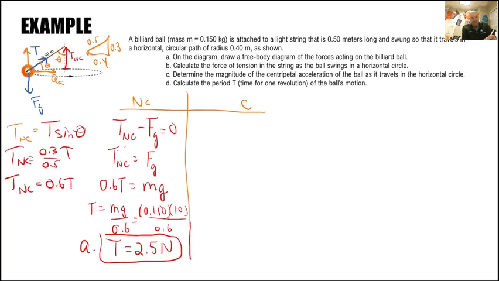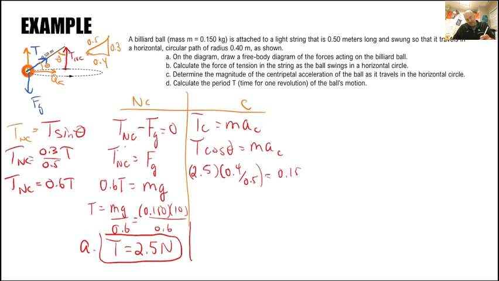Now part B, we got to go over to the circular side, okay? So it wants us to determine the magnitude of the centripetal acceleration. So here we're going to say T circular, and note that is the only force that is acting, equals m a_c. So T cosine theta is going to equal m a_c. Well, we found that T is 2.5. Cosine is 0.4 divided by 0.5, and that's going to equal 0.150 times a_c.